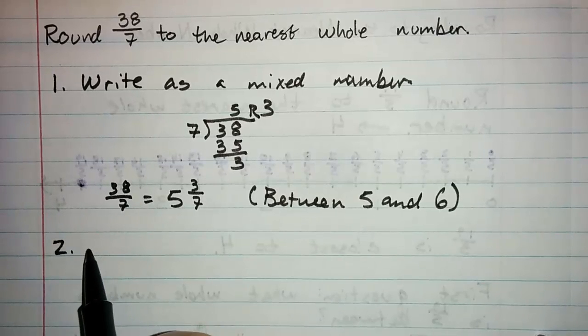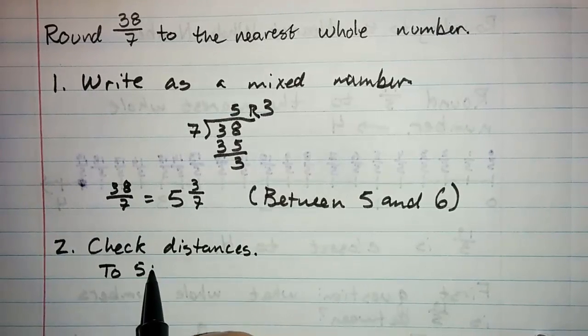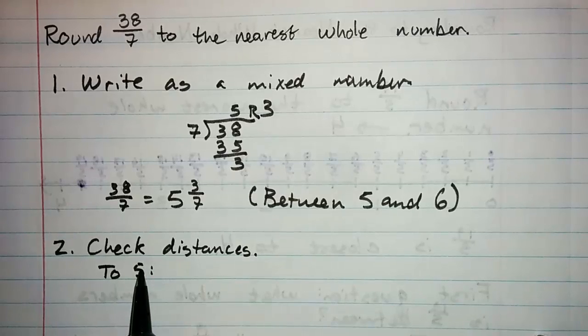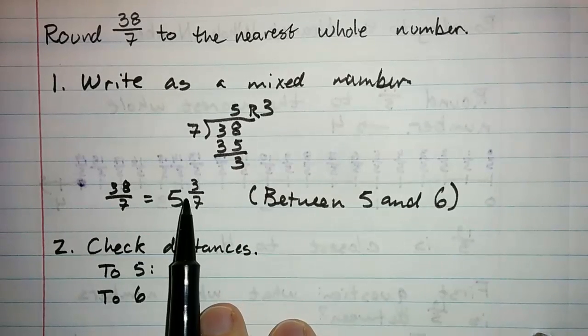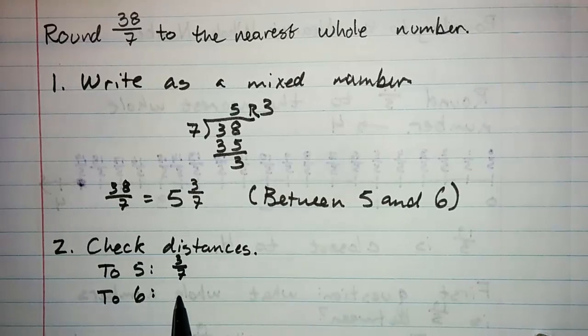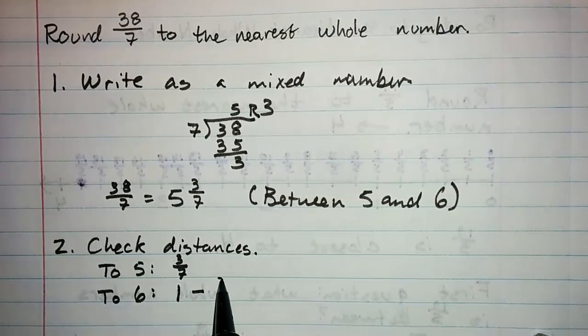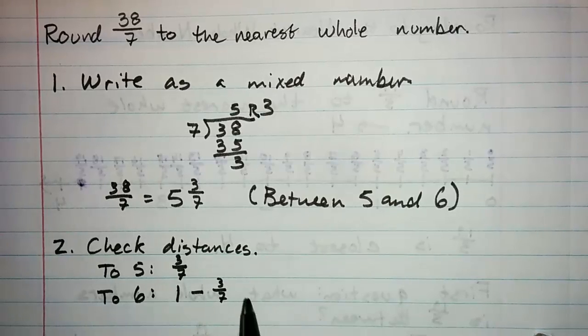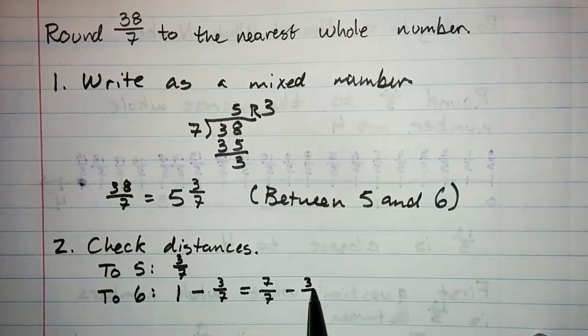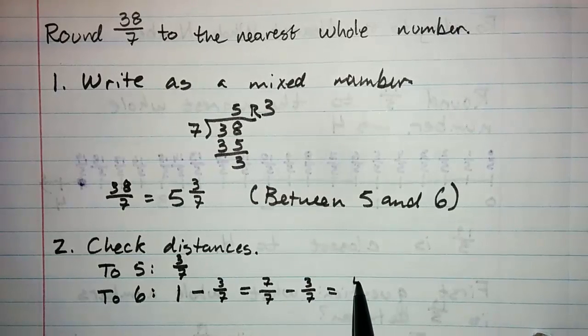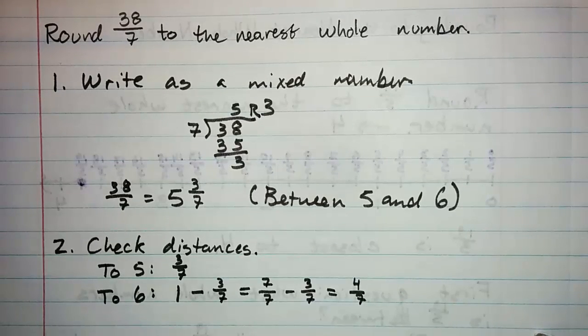Our next step is to check the distances. The distance from 5 and 3/7 to 5 is just 3/7. The distance from 5 and 3/7 to 6 is 1 minus 3/7. That is 7/7 minus 3/7, or 4/7.